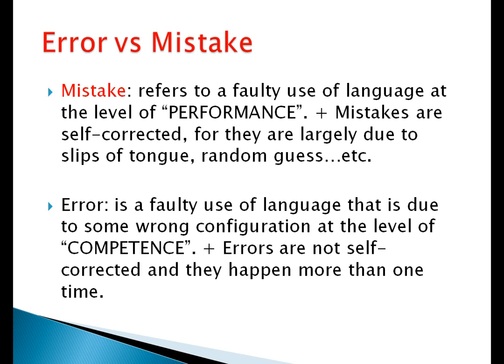But if he says "I go" and next time he says "I go," then you know that's just a mistake, okay, because it becomes self-corrected with time. On the contrary, errors are not self-corrected, they are at the level of competence.